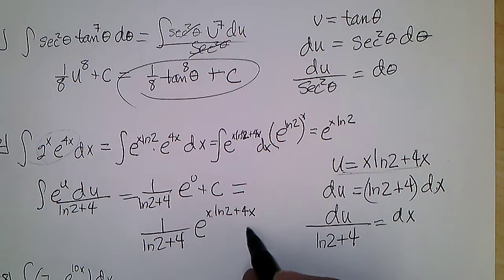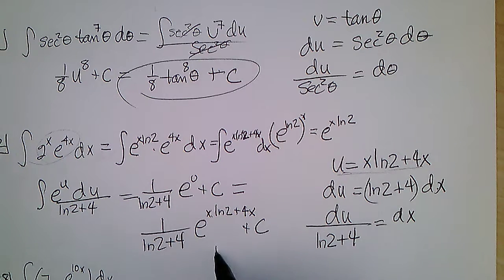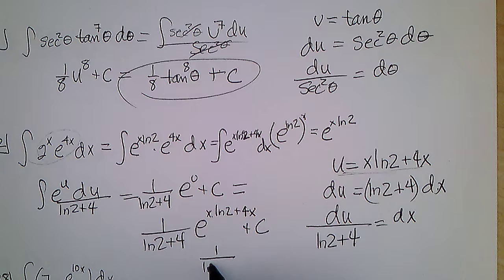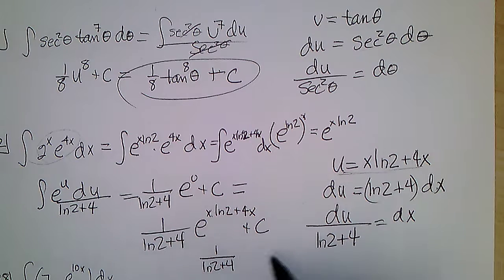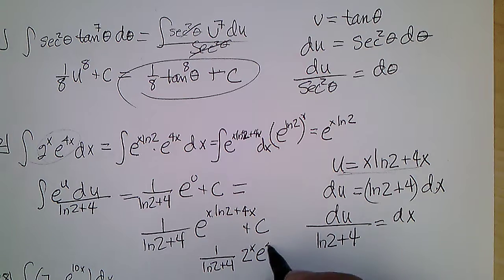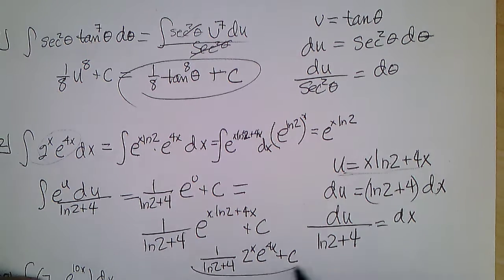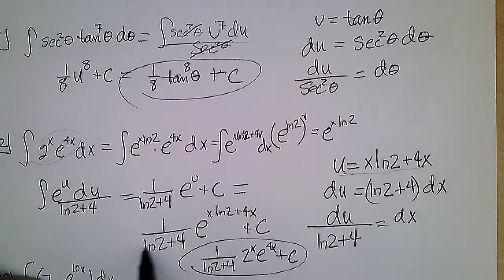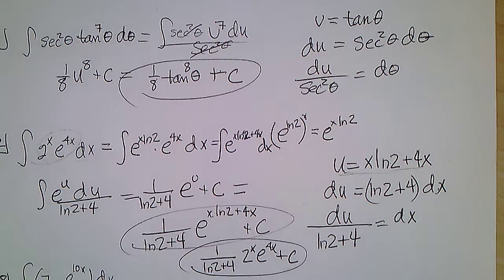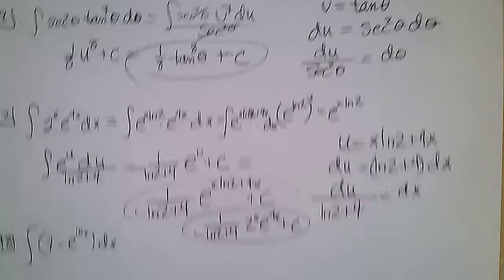So plus c, which could be written as 1 over ln 2 plus 4, 2 to the x e to the 4x plus c. We could have left it here. All right, the next one.